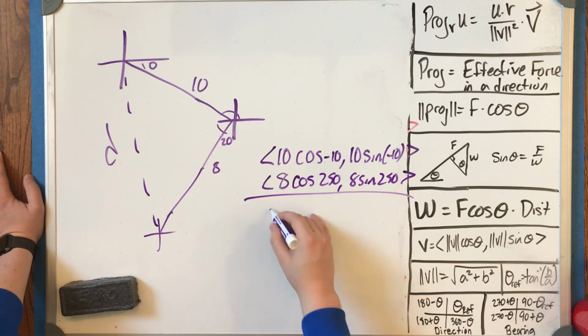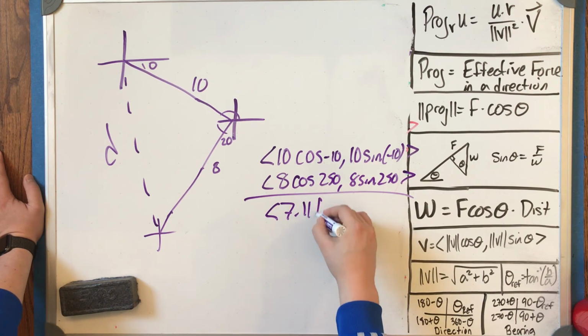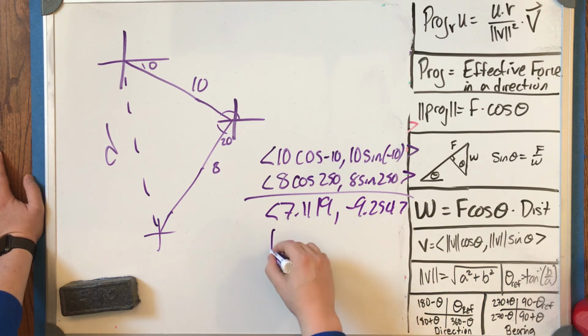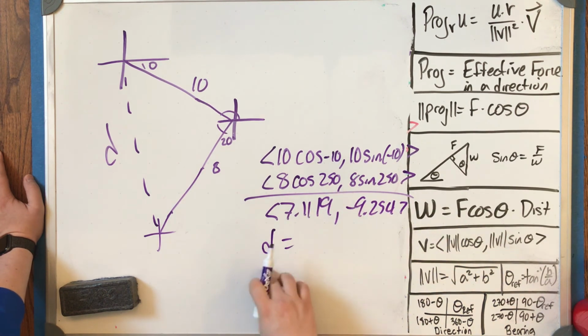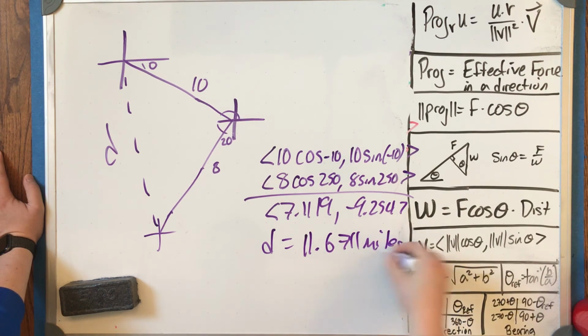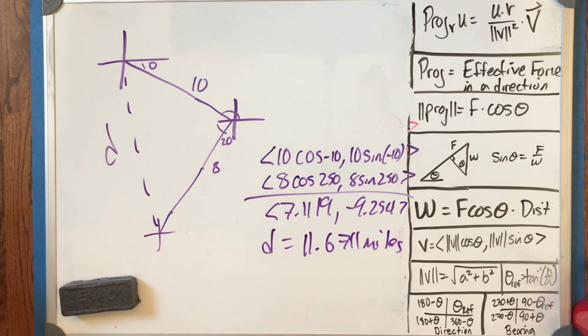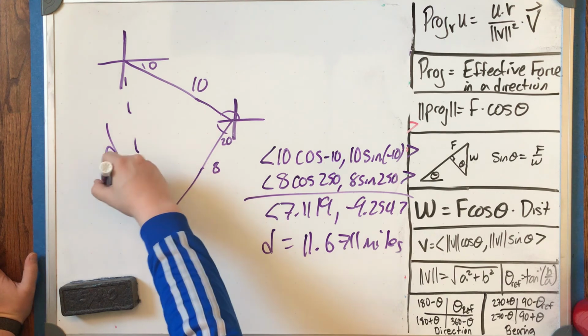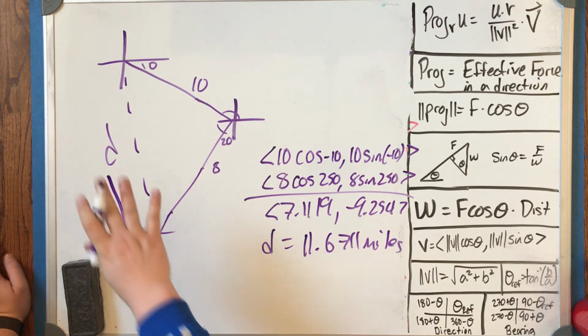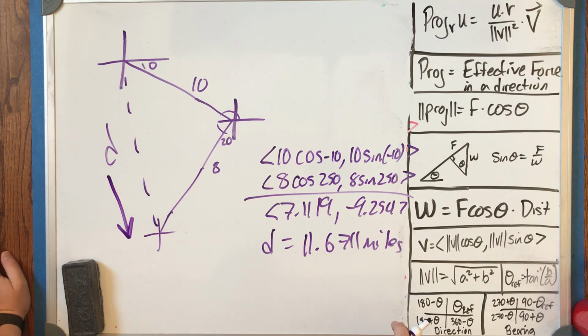Add these together, I'm going to get 7.1119, negative 9.254. I'm storing these values. Square root of a squared plus b squared to find this actual distance. Okay, so that's how far away I am from wherever I started. And this is an important thing. We found the vector pointing this way, and the question is actually asking us to go in the exact opposite direction.